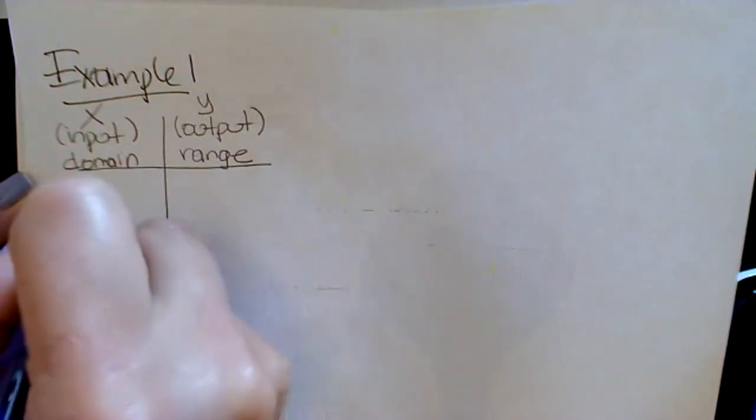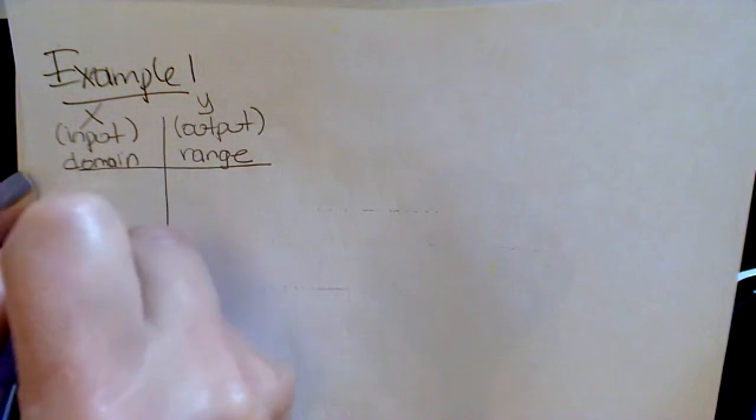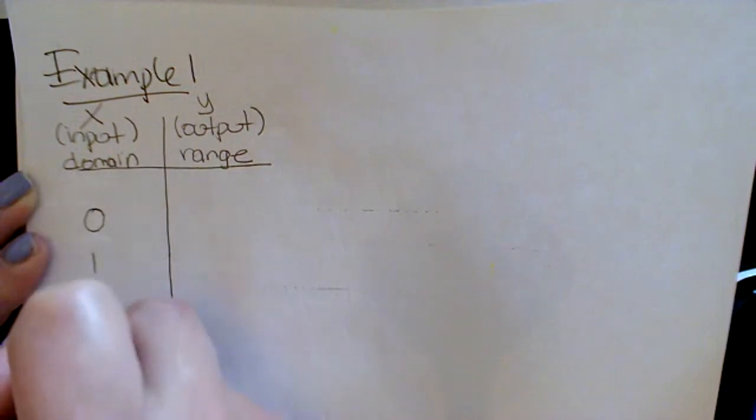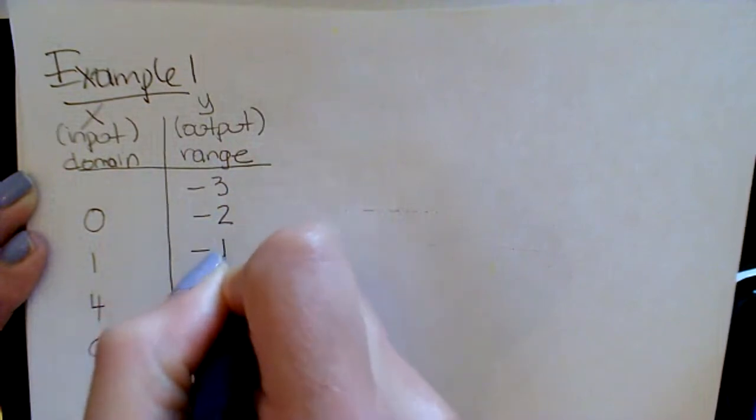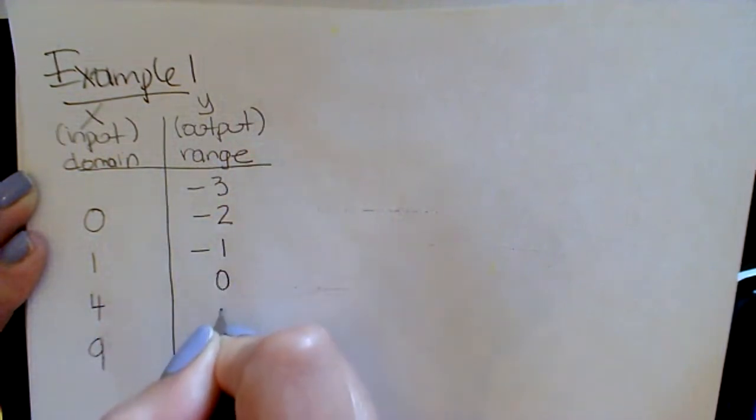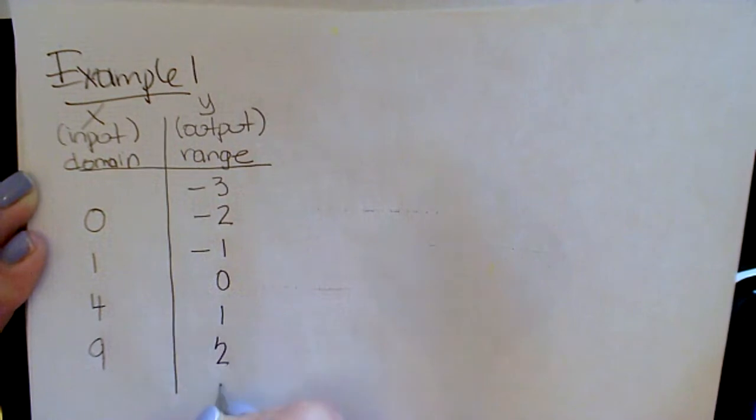And we have the inputs 0, 1, 4, and 9, okay? And I have the outputs 1, 2, and 3.